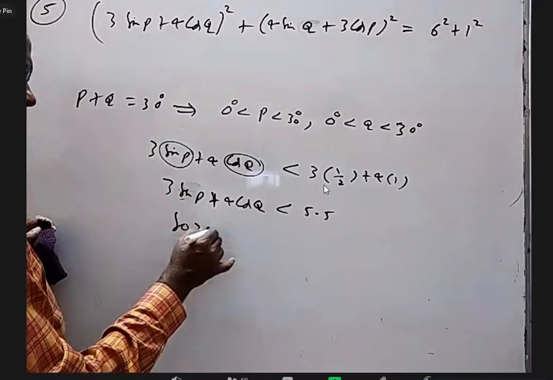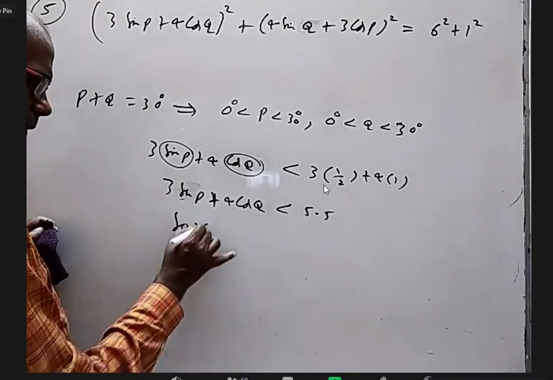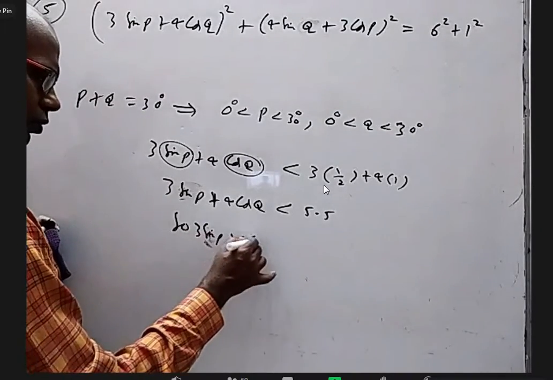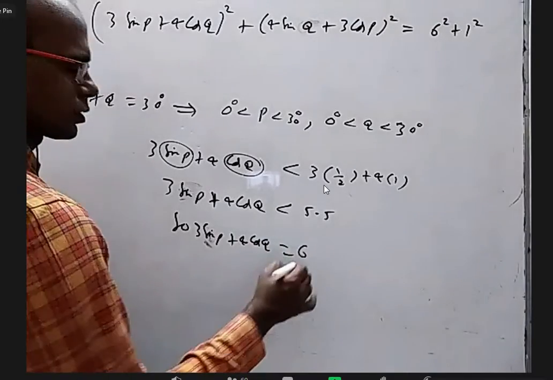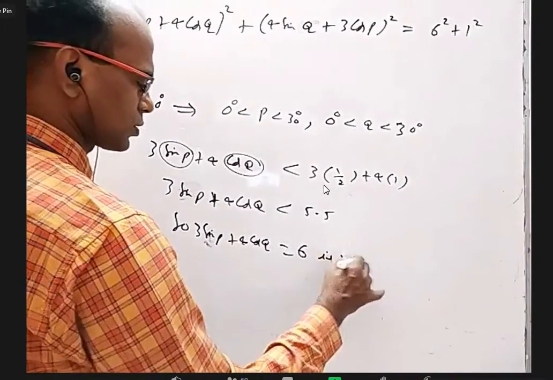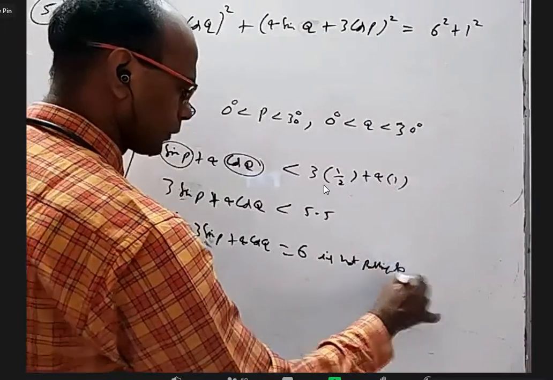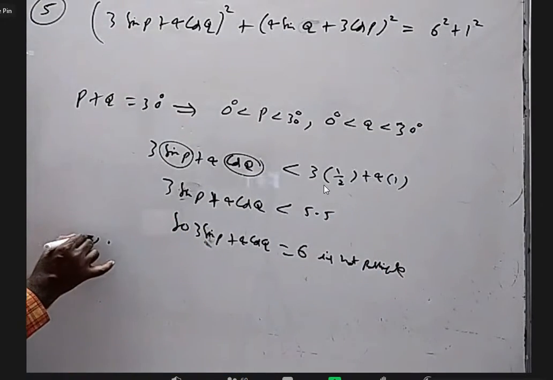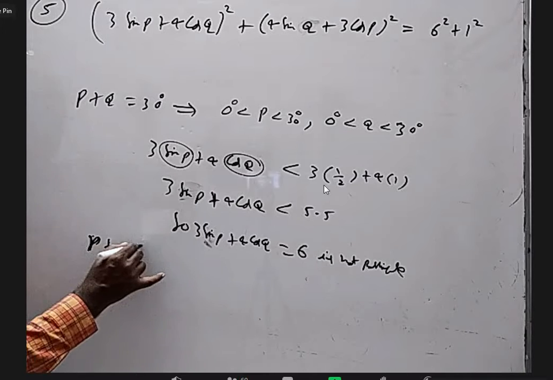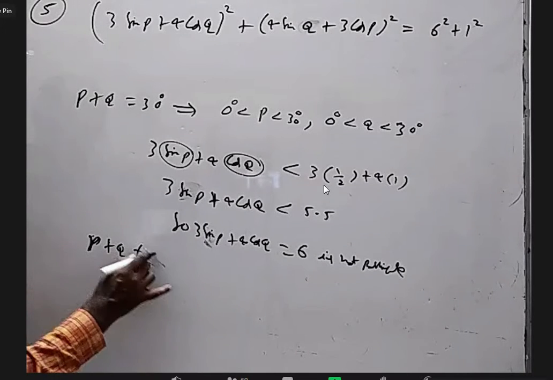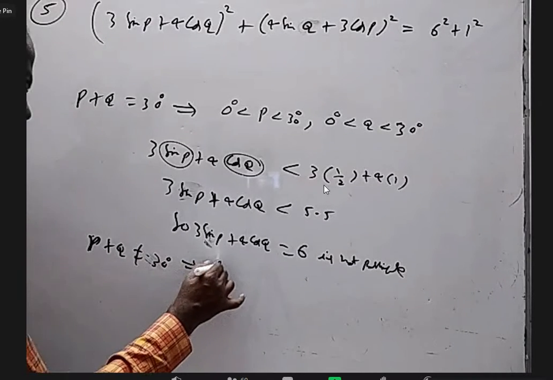So 3 sin P plus 4 cos Q equal to 6 is not possible for this case. It is not satisfying the given equation. So P plus Q is not 30, which means the only option left is P plus Q should be 150 degrees.